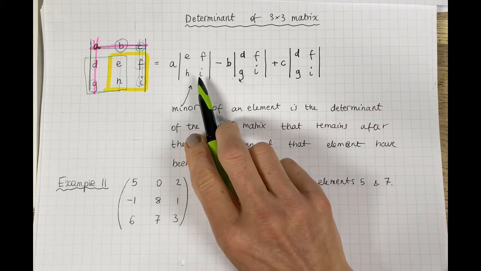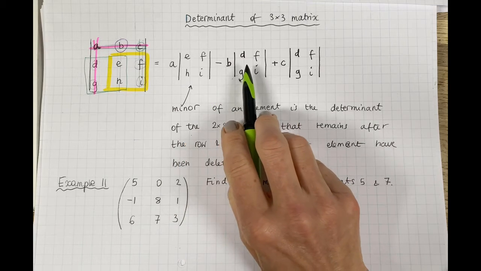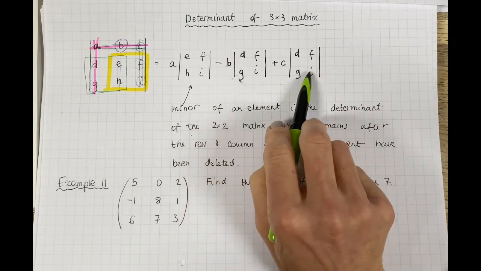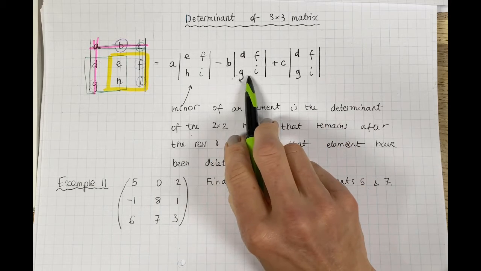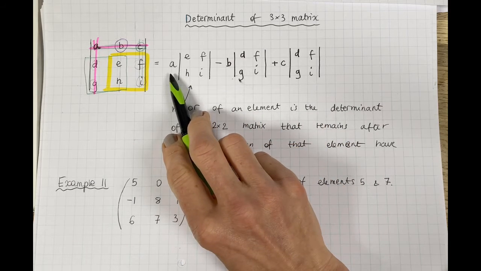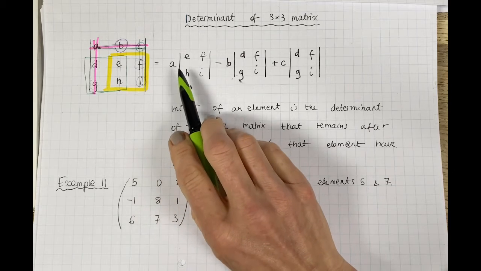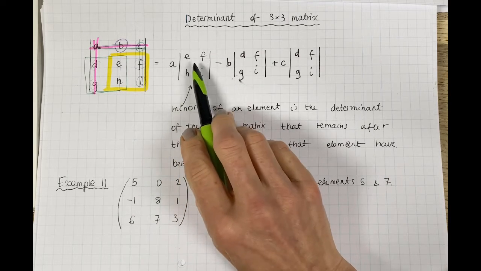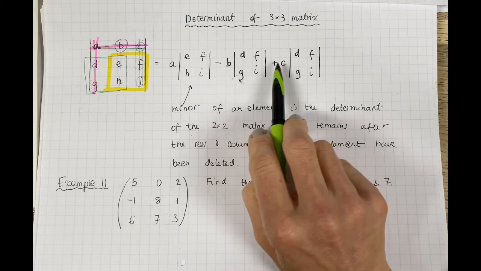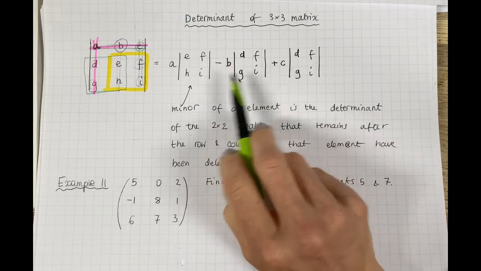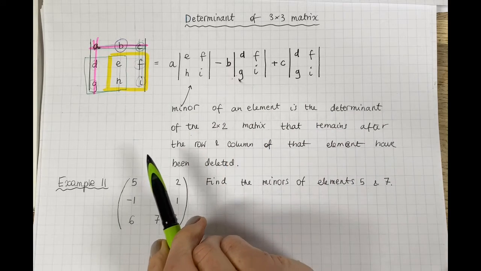Each product will have the minors. These are the minor of element C, the minor of element B, and the minor of element A, and you just do A times its minor minus B times its minor plus C times its minor, or det of its minor. That's what you need to do.